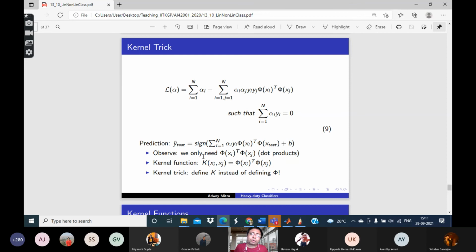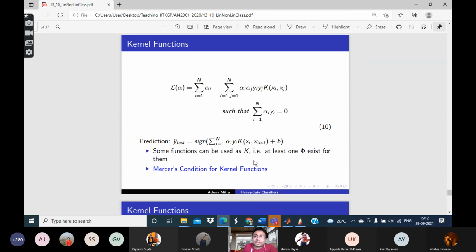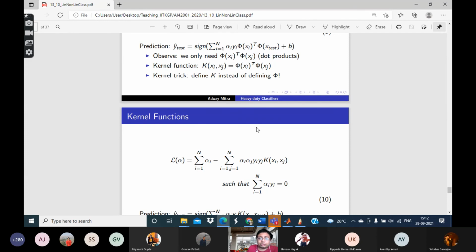Now what kind of function is this k? As you can understand, this is a dot product between two vectors, so it is a scalar function. Whatever this kernel function does, it has to take in two vectors as input and return a scalar. Now, not all functions can be used as a kernel function.